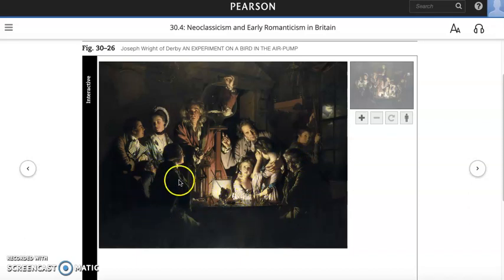That's an important point. Spectators who are in awe of what this scientist can do in controlling life and death. That's the promise here of this experiment, that the air can be drawn out of the pump, the bird nearly dies, but the air can be let back in.